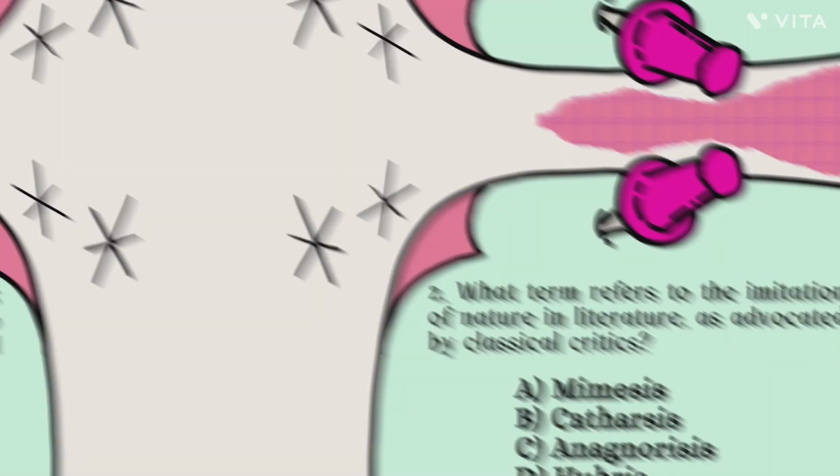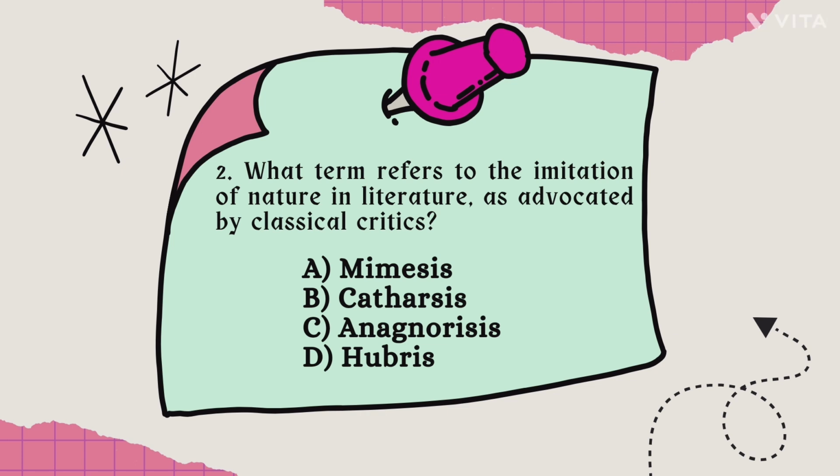Coming to the next question, what term refers to the imitation of nature in literature as advocated by classical critics? The options: A. Mimesis, B. Catharsis, C. Anagnorisis, D. Hubris.